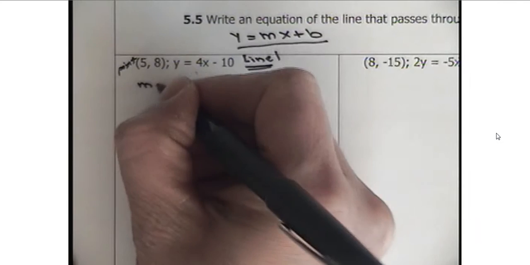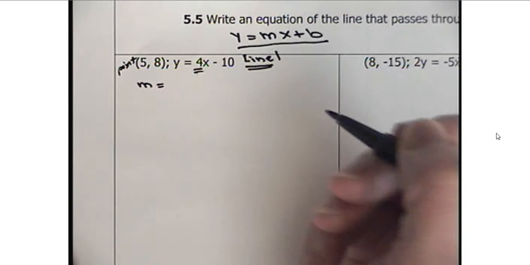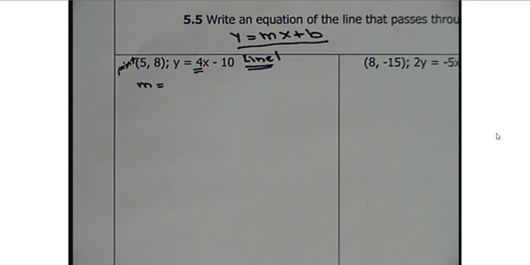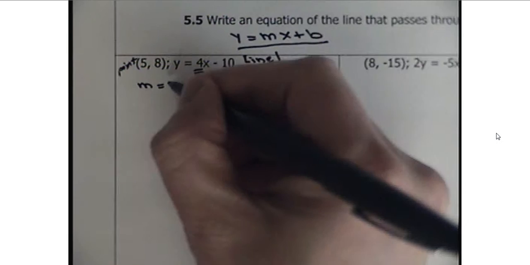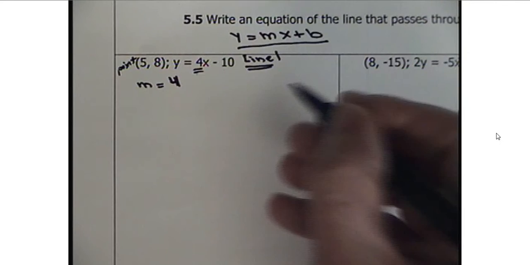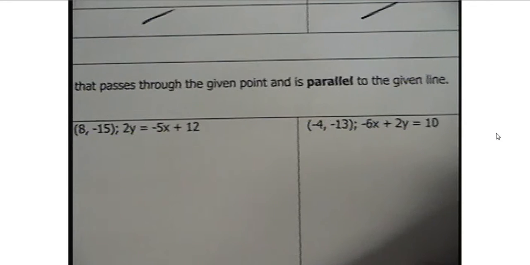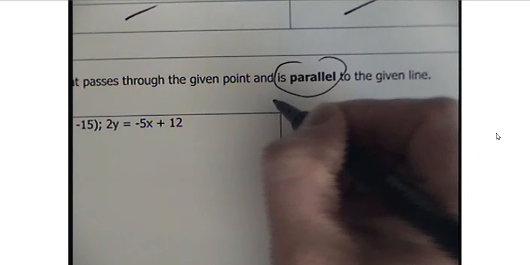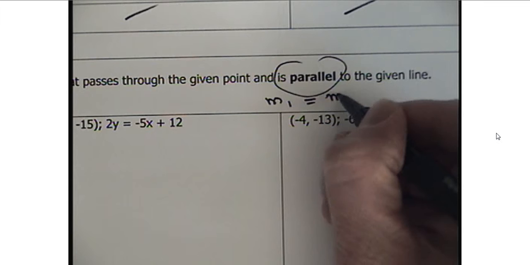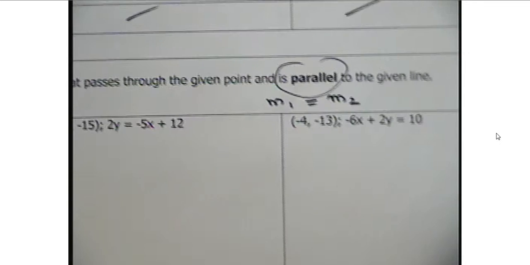Then m from this equation for a parallel line must be the exact same slope. So m equals 4. Again, parallel lines means we're having the same slope. The m for the first line should be equal to the m of the second line.